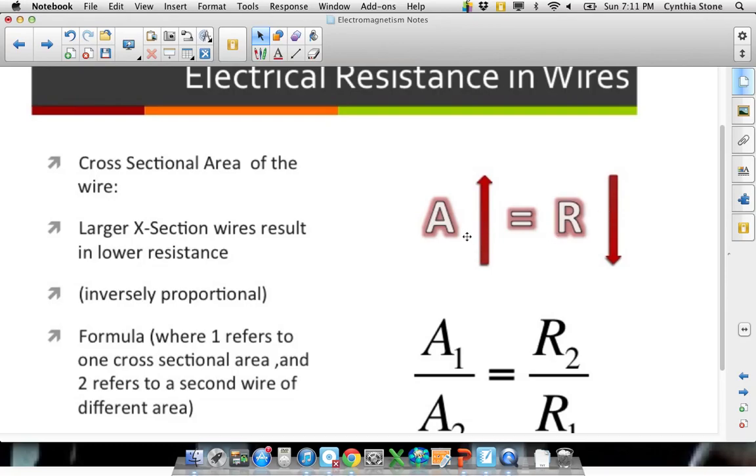A better analogy would be water flowing through a pipe. With a really skinny pipe, there'd be a lot of resistance to the water flow, right? But if you had a thicker pipe, more room for the water to flow through, you'd have less resistance, and it would flow through easier. It's the exact same thing. A bigger wire has more space for all the electrons to get through.